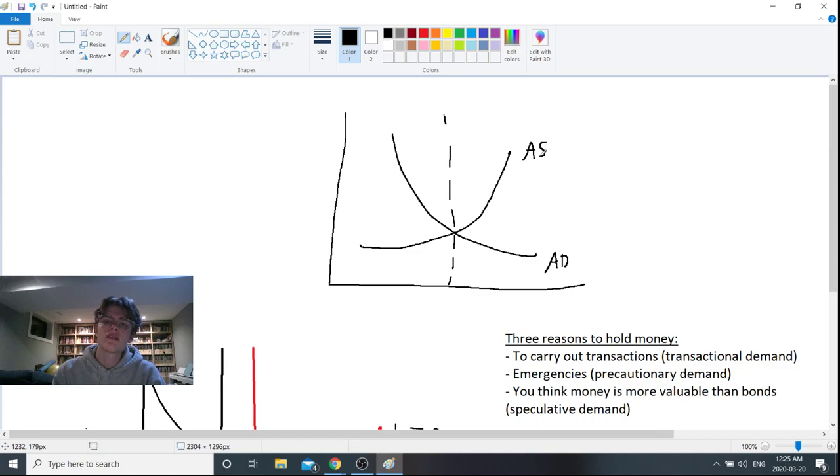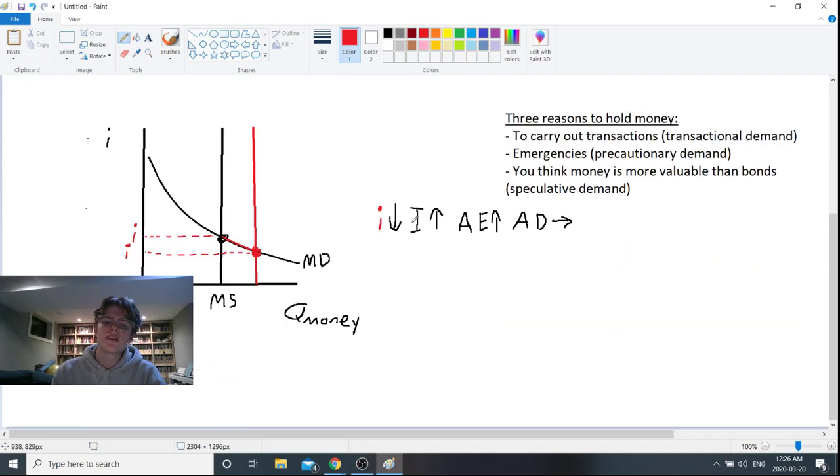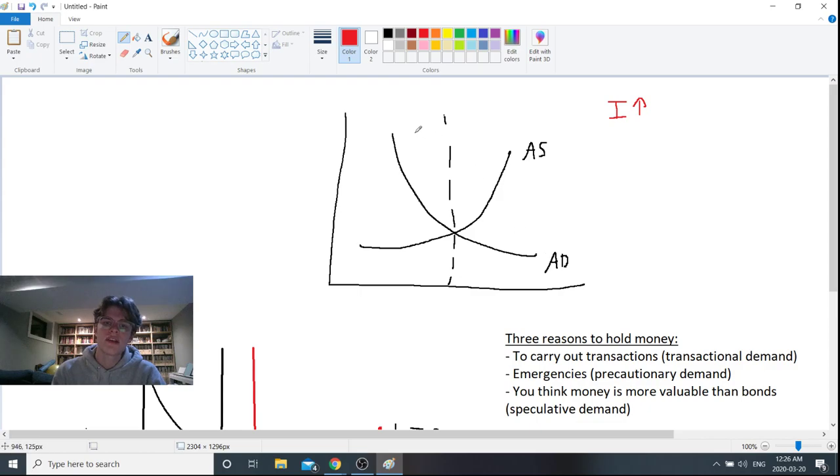When we have an increase in investment, our AD curve shifts to the right, because we have an increase in aggregate expenditure, so we have an increase in aggregate demand. So this is our short-run equilibrium. Remember that this is price level and GDP, and this is potential GDP.